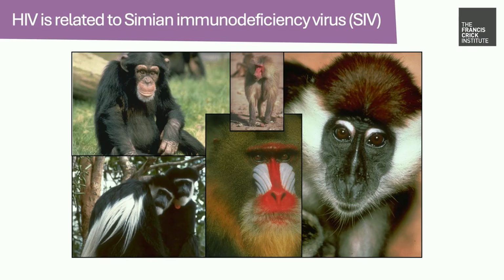So when HIV was first discovered, the most closely related virus to HIV was found in sheep. It's called Visna. But soon after that, many similar viruses were discovered in a whole range of different monkeys. These viruses were named Simian immunodeficiency virus, SIVs.